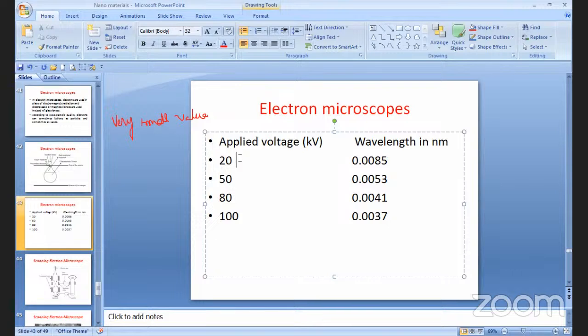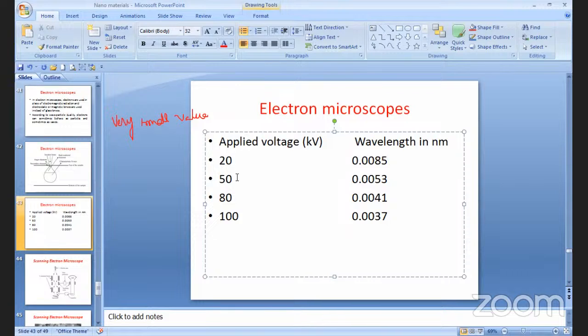So if you apply 20 kilovolts of energy, we will get the wavelength of the electron in the range of 0.0085 nanometers. A nanometer itself is a very small value. In that, again, we can get a wavelength of 0.0085 nanometers.